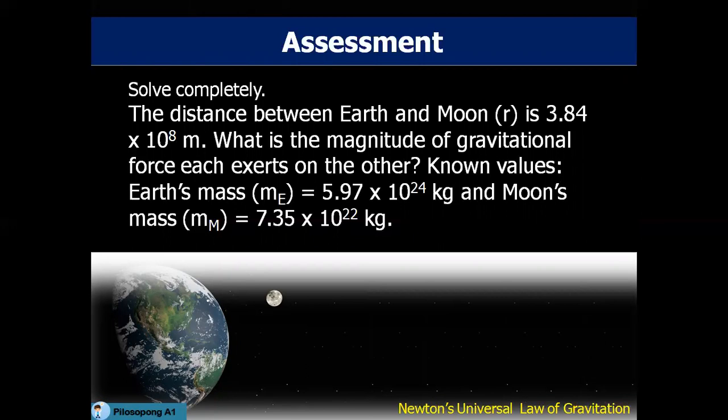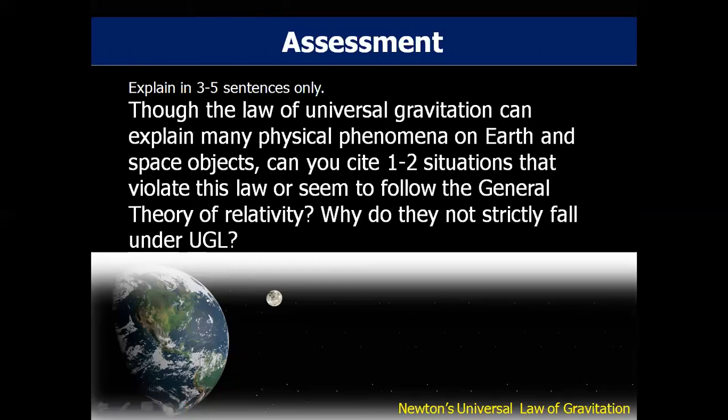Known values are Earth's mass, 5.97 times 10 raised to 24 kilograms, and Moon's mass, that is 7.35 times 10 raised to 22 kilograms. So you may pause this part so that you can copy the equation and the problem on your paper. The second one is an essay type question.